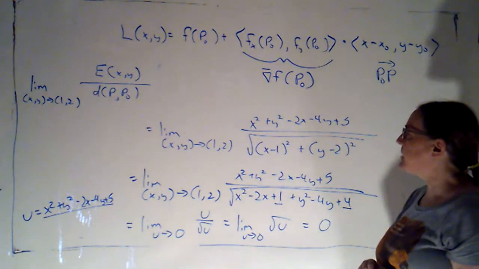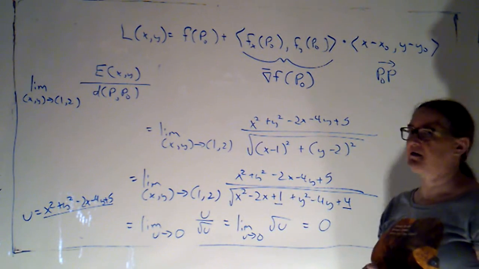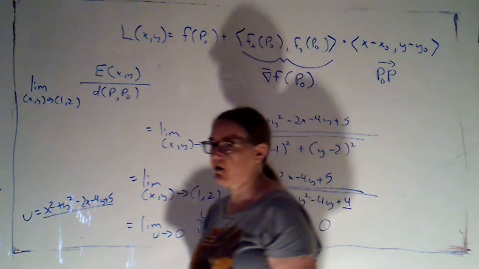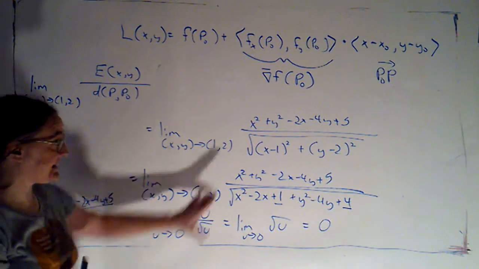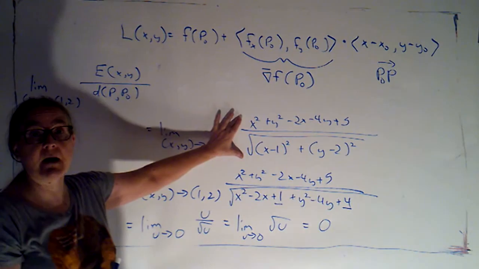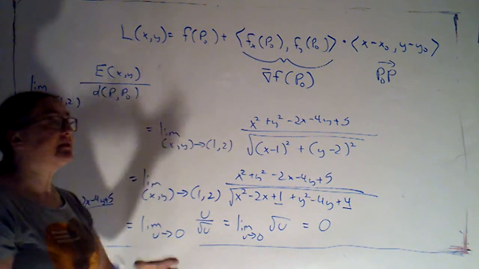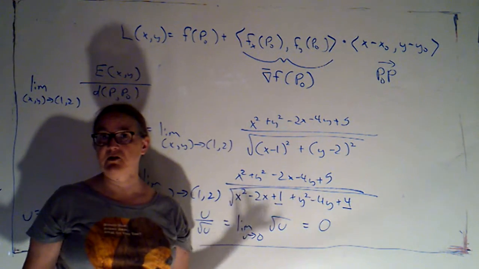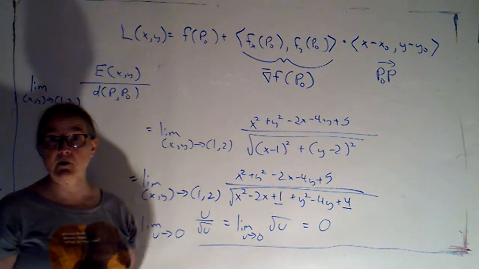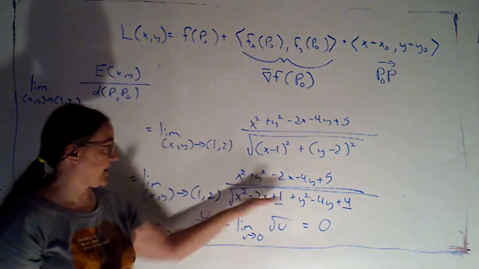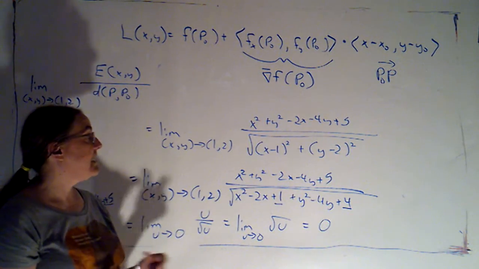But I can imagine that I don't want to use this definition of differentiability very often at all. Because in this particular case, I got this nice connection between the top and the bottom. But the bottom is always going to be a distance between 2 points. So the bottom is always going to be the square root of some polynomial expression in x's and y's.